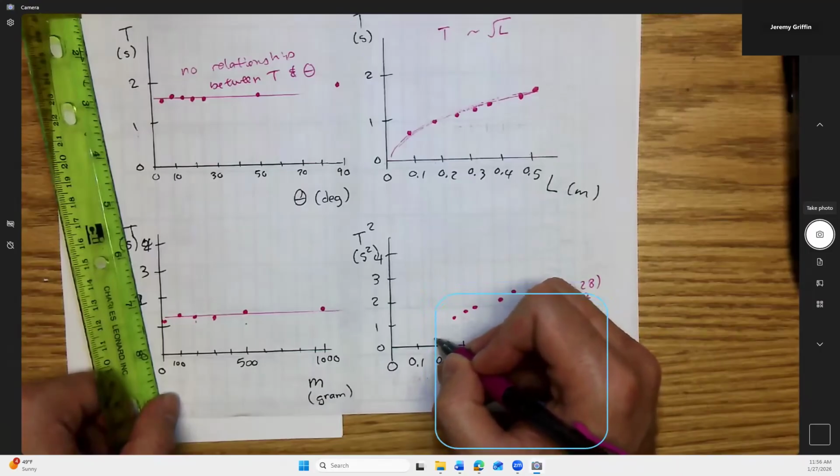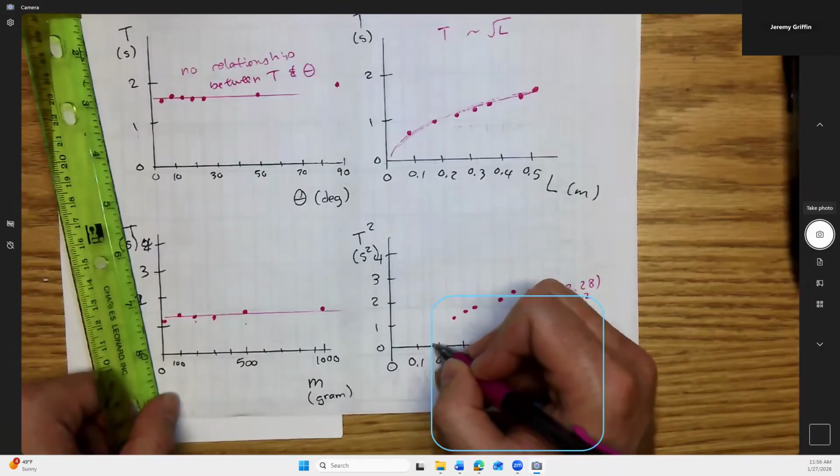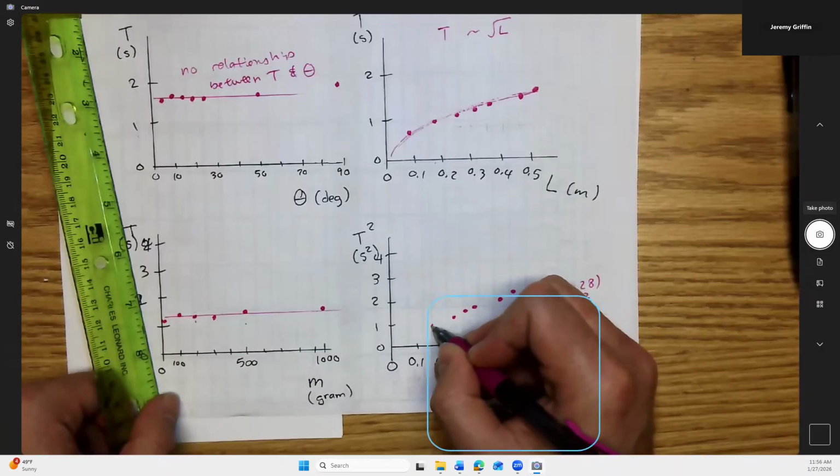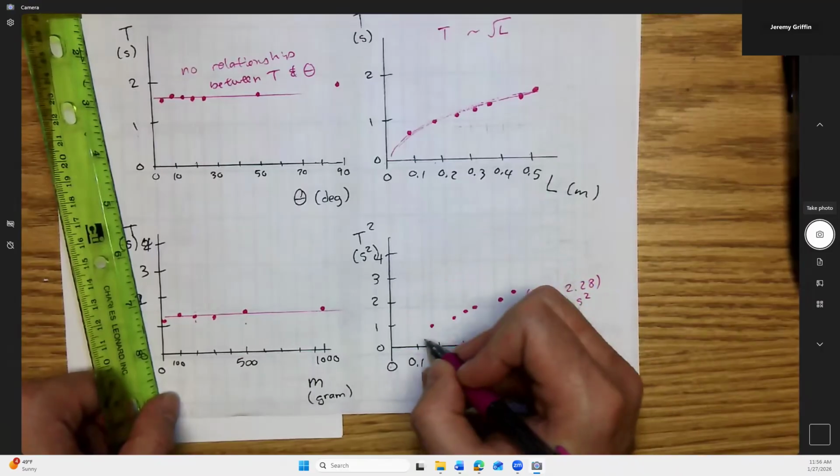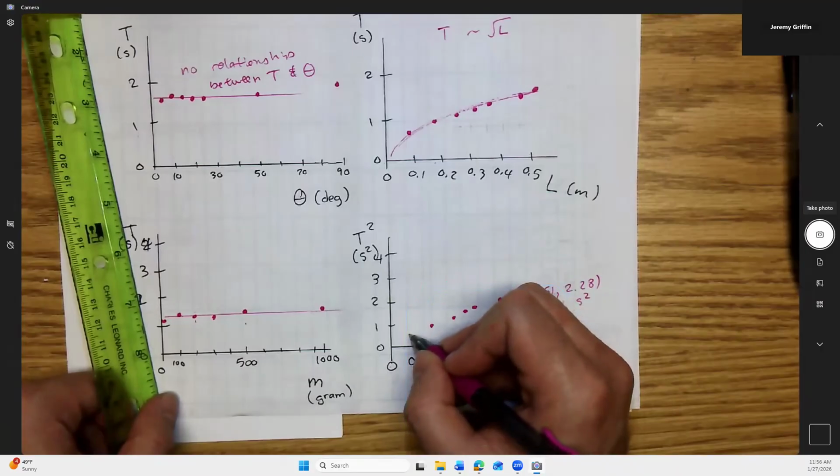And then 0.09, 0.62. That's probably right there.